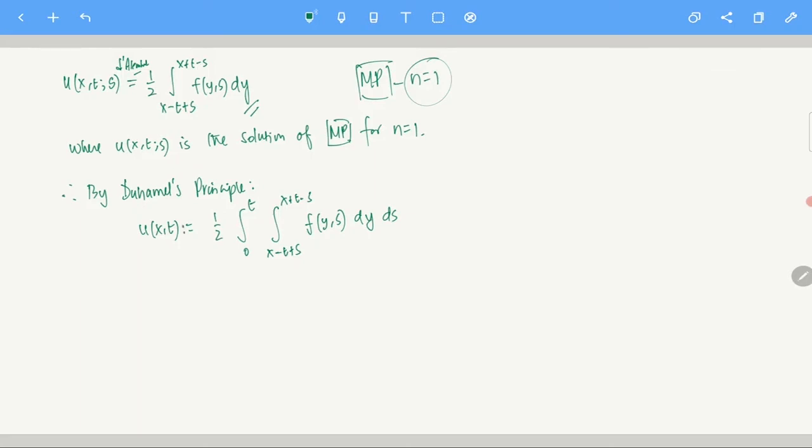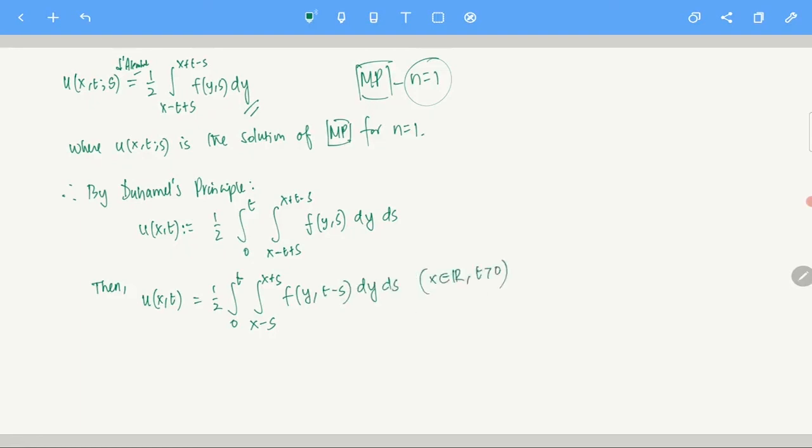If you define u of x t like this, then exactly the same thing which we did, you can show that this is actually the solution of the problem. So you can write it in a nice way like this: u of x t is half the integral from 0 to t, of x minus s to x plus s, f of y t minus s dy ds. This is for x in R and t positive.